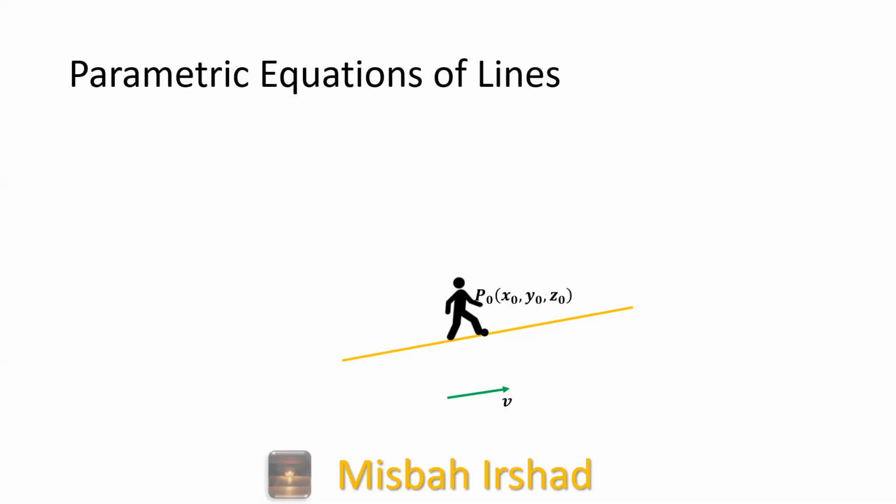Okay, let's formally derive the vector equation of a line which passes through the point P naught with coordinates x naught, y naught, z naught, and has a direction vector v.